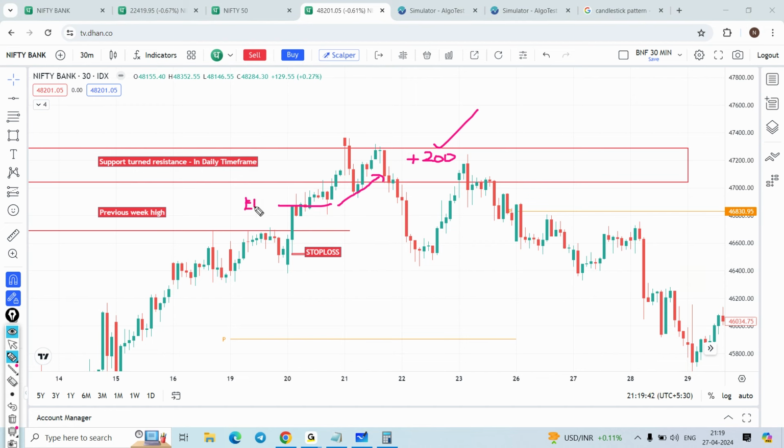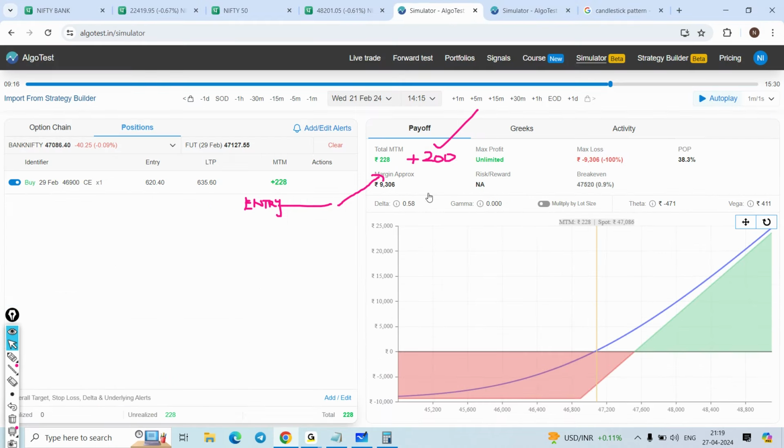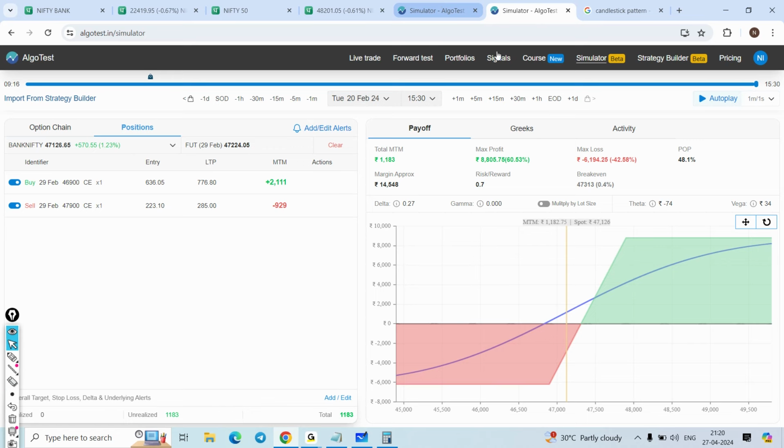From my entry level, Bank Nifty is up 200 points. How much am I making here? 228 only with pure buying. I'll move with a hedged position the same way.